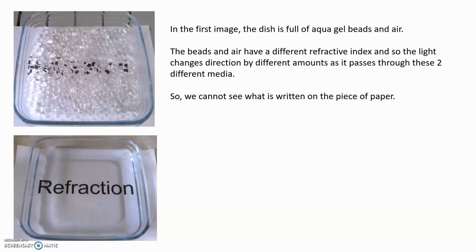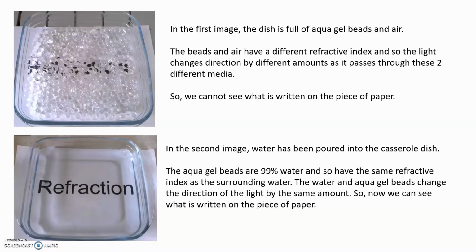Now in the second image on the bottom left, the water has been poured into the casserole dish, and we can now see the word refraction clearly. So why is that?